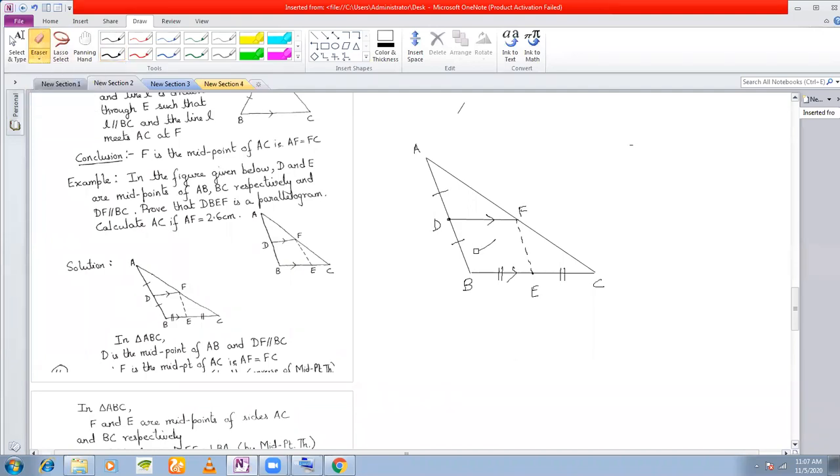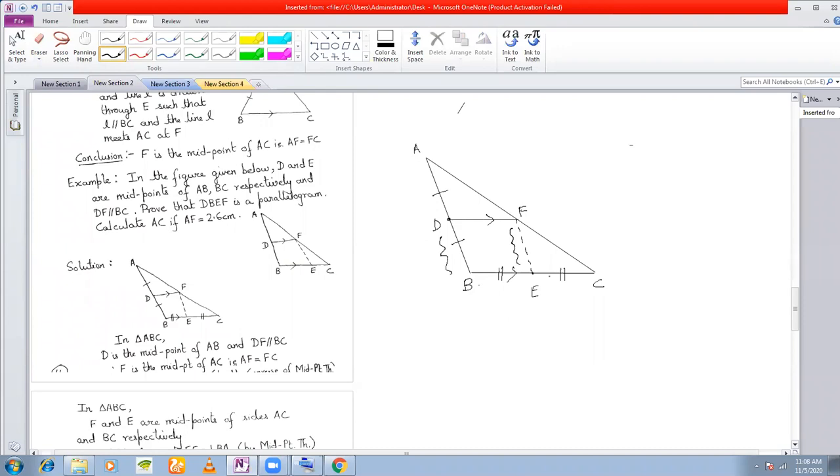How will you prove it? What you observe first is that this side is parallel to this side, so that is no problem. Two sides are already given to be parallel. What do we have to show? If we can show that this side is parallel to this side, then we can say that it is a parallelogram.